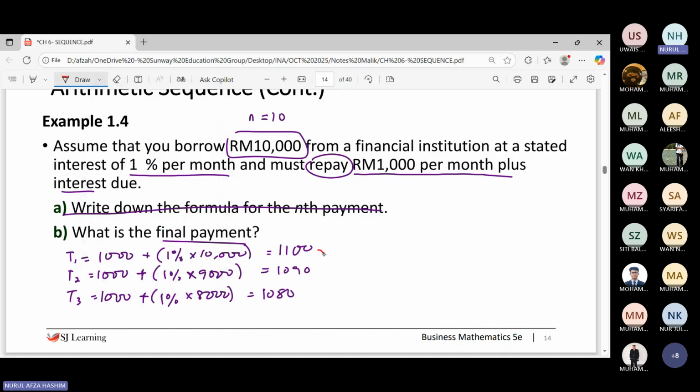The difference between the first and the second one is $10. This one also $10, but it's not positive, it's negative. Be careful, because it's getting lesser and lesser.